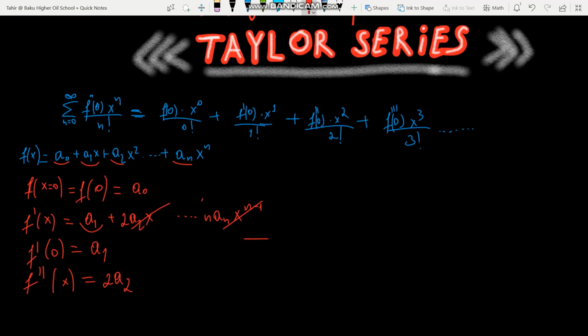If we write another term, for example a3 x cubed, its derivative will be 3a3 x squared, and when we find the derivative of this term again with respect to x, it will be 6a3 x. When you see 2, 6, you see that this is the order of the factorials: 2 factorial, 3 factorial, as you see in our equation.